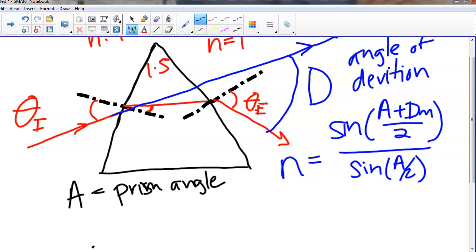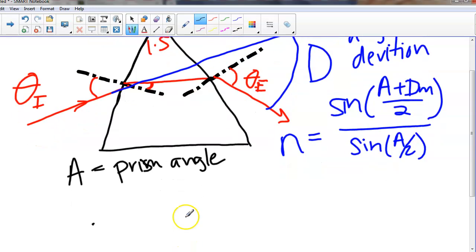Remember your geometry. And dm is the minimum angle of deviation, so it's the minimum d. You're going to do several measurements with different incident angles, theta I, and see how that affects d until you find one with a very small d, and that'll be your minimum d, the smallest one that you find.